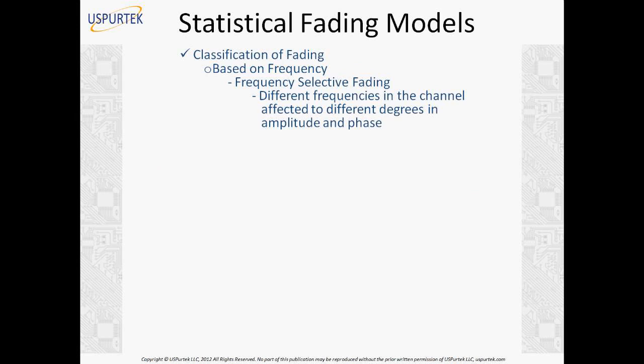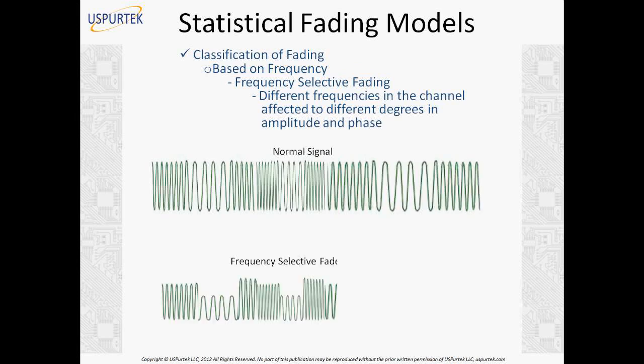But if you have frequency selective fading, the challenges are much higher. Here it's just an illustration: in the normal signal you have different frequency components which are represented visually by different wavelengths. The waves are wider or compressed. Higher frequency has compressed waves, and lower frequency has wide apart waves.